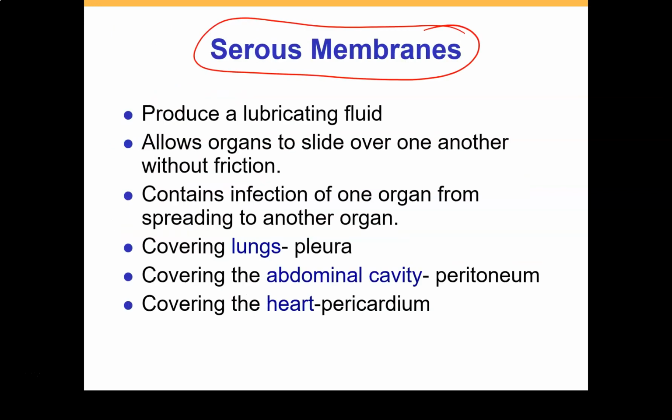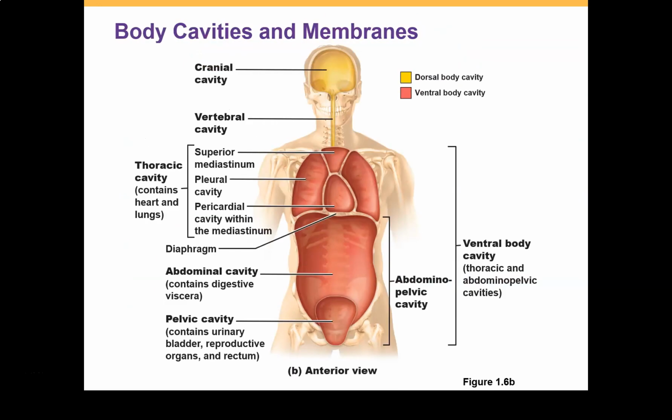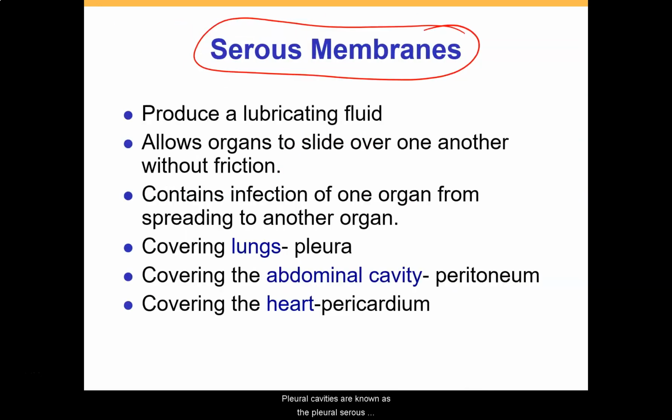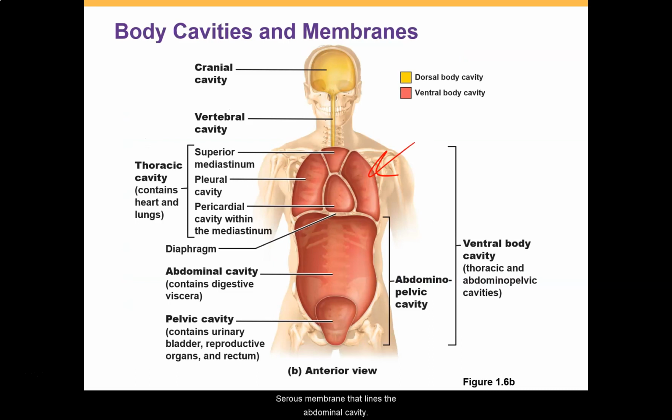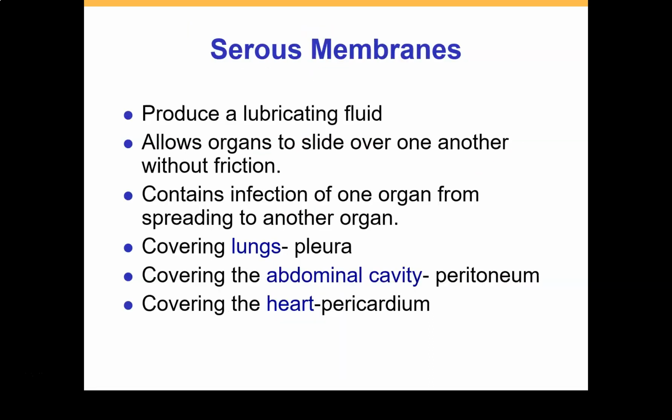We have three major serous membranes. The serous membranes that are found in each of the two pleural cavities are known as the pleural serous membranes or the pleural serosa. The serous membrane that lines the abdominal cavity is known as the peritoneum.